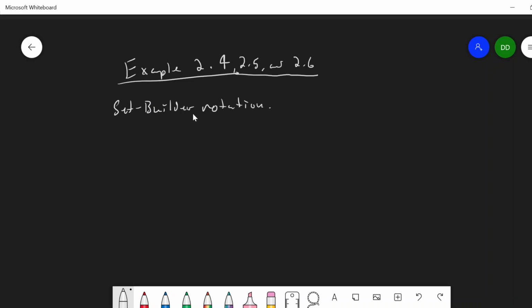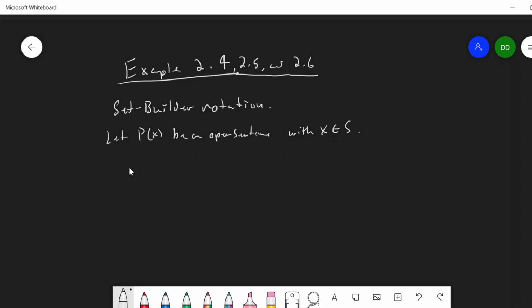The idea here is that we can build sets from an open sentence. Let P of x be an open sentence over some domain S, so with x in some other set. We can collect all the elements of S, for which this open sentence is defined, that satisfy P of x.